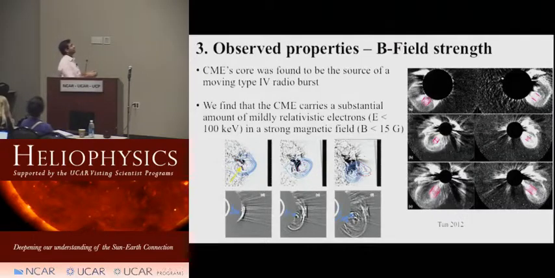Here, he's looked at radio data and the type 4 moving radio burst, and he tried to create the magnetic field strength in the core of the CME itself, which is different to many other strategies that look at the magnetic field at slightly different areas of the CME. This is the first I found of trying to find the actual CME magnetic field in the core itself.